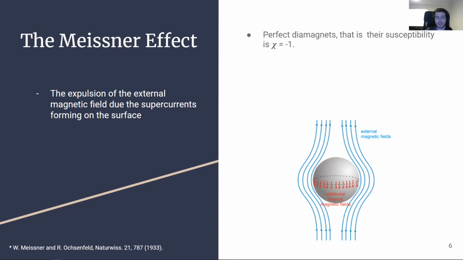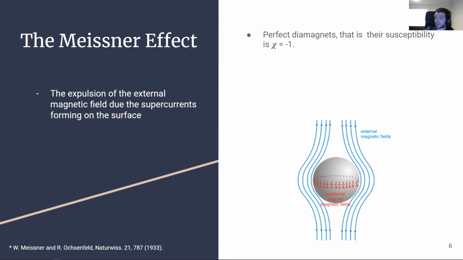That is, it forms supercurrents on the surface of the material and excludes all of the magnetic field inside it. In SI units, its susceptibility is -1, and in CGS, it's -1/4π. This is rather odd compared to other diamagnets, because normal diamagnets have susceptibility very close to zero.